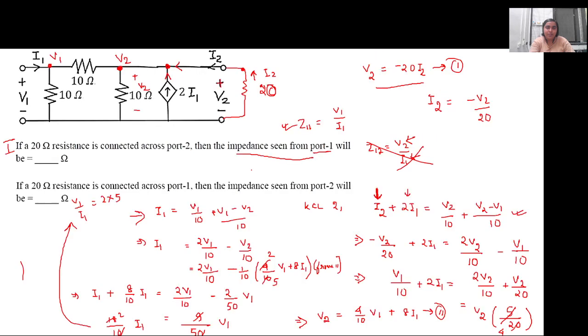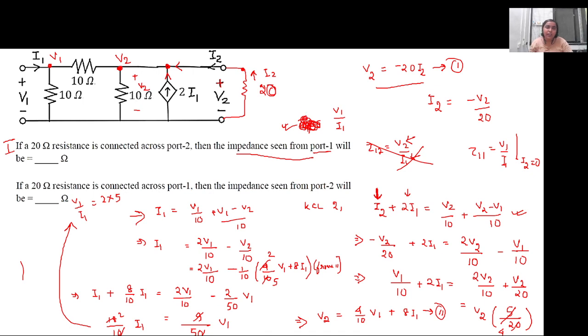Just one small thing, I don't think we can denote this by Z11 because Z11 is given by V1 by I1 with I2 equal to 0. But here I2 is not equal to 0, there is a current flowing across it. So we cannot actually write it as Z11.